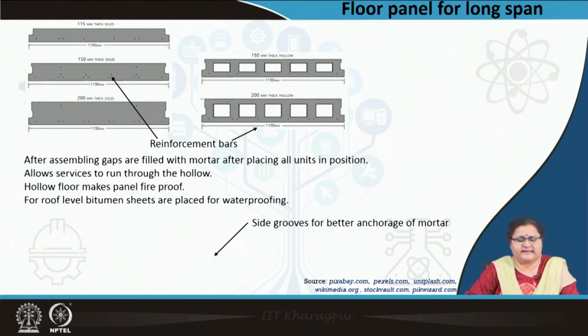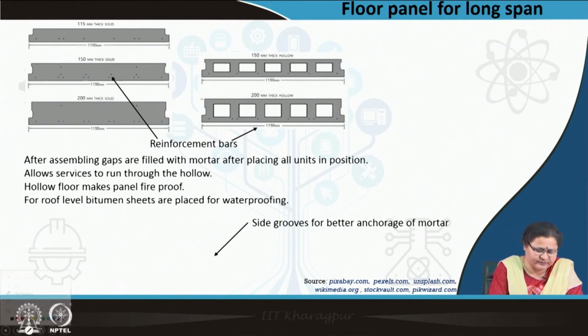Now, what you can see here, similar to the small spans, here also there are grooves to have anchorage, and they are also helping in setting the concrete or mortar which will be added later to make it a single surface. So, here also you can see such grooves.